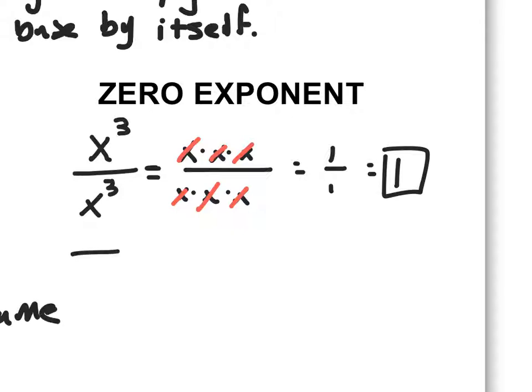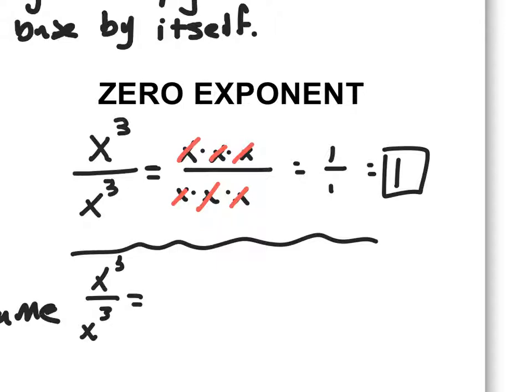Now let me do the same problem, x cubed over x cubed. If I subtract my exponents like we just learned about, this would be x to the 3 minus 3 power, which is going to give us x to the 0 power. Well, wait a second, I didn't get the same thing.